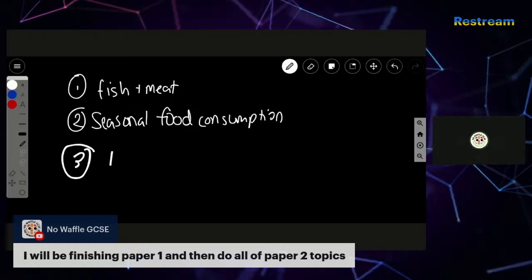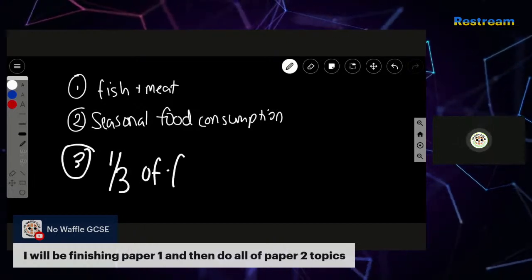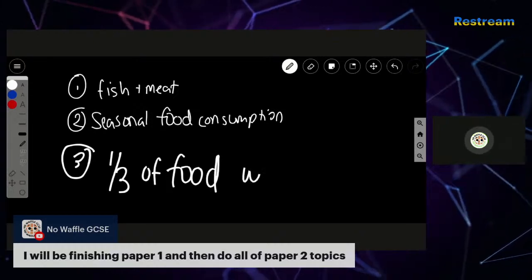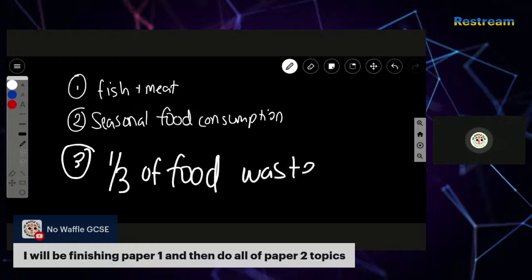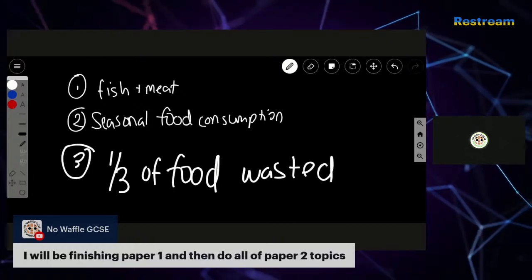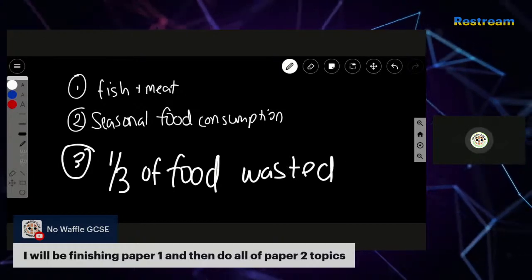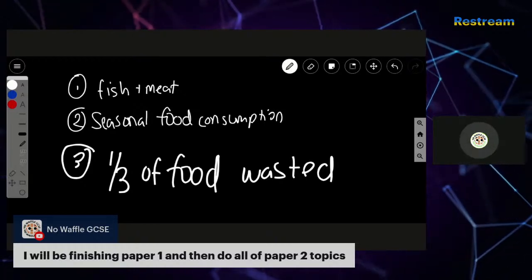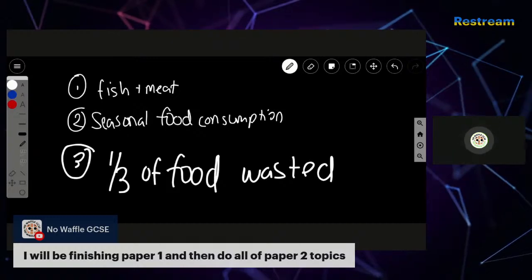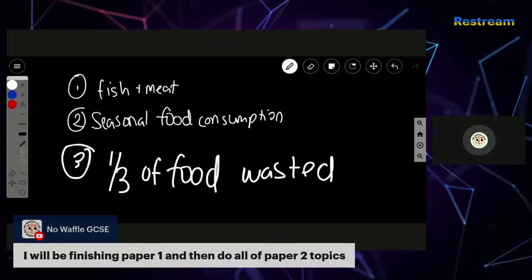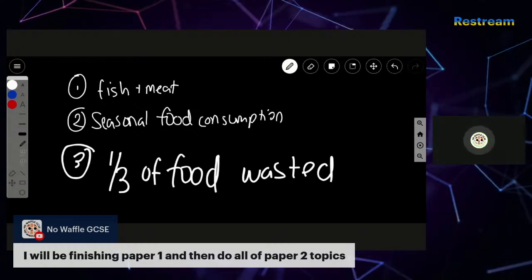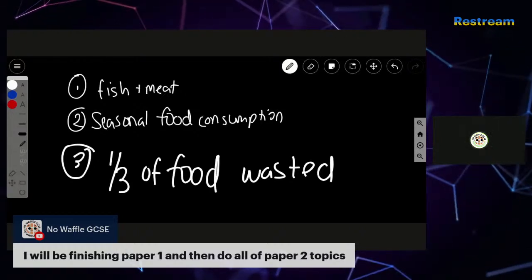But the fact that one third of the global food outputted is actually wasted is a very scary figure, considering many people are in hungry, starving circumstances, literally dying of starvation. So, schemes introduced, such as Think, Eat, Save, or Love Food, Hate Waste, encourage individuals, businesses, and governments to waste less food.